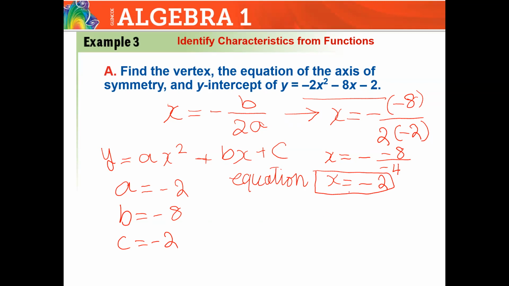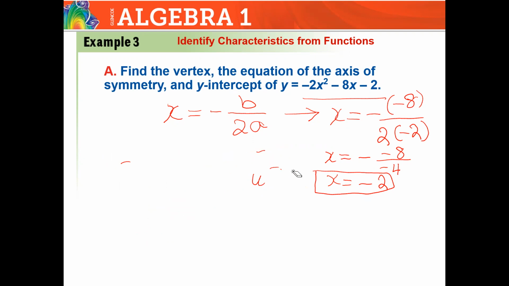In order to get the vertex, please substitute x equal negative 2 in the original equation in order to find the y. And if you get the y, you got the coordinates of the vertex. So I'm going to erase this and start substituting in y.